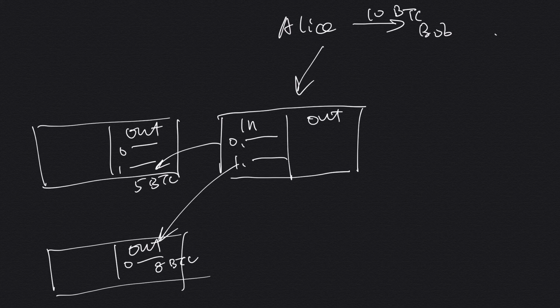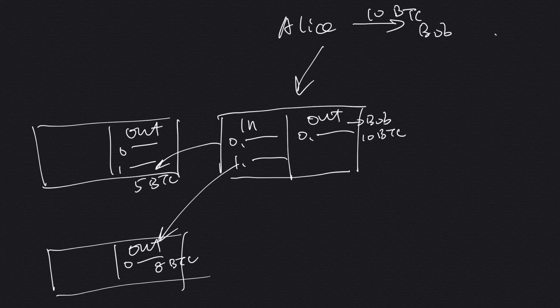So the output is Alice sending it to Bob. For example, we should have two output indexes. One is this, which is to Bob, and this is 10 BTC.